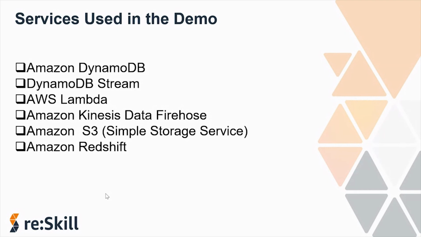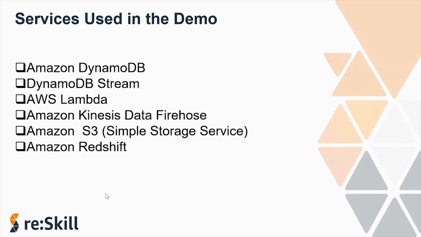So now if I have to give you an overview of the architecture, how the architecture is. Let's say I have a table which exists in DynamoDB and I am adding items into the table. I will enable DynamoDB stream, which will capture the modification events in the DynamoDB. Then I will write a Lambda function, which is going to poll the DynamoDB stream in order to process those events.